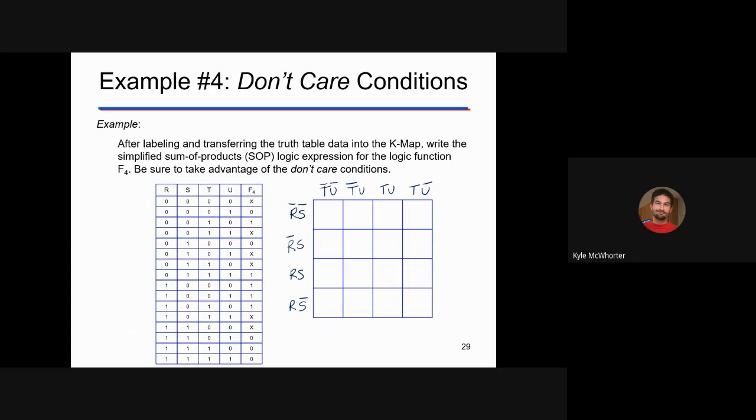So 0, 0, 0, 0, that's an X. 0, 0, 0, 1, that's a 0. 0, 0, 1, 1, that's row 4, so that's an X. 0, 0, 1, 0 is right here, that's a 1.